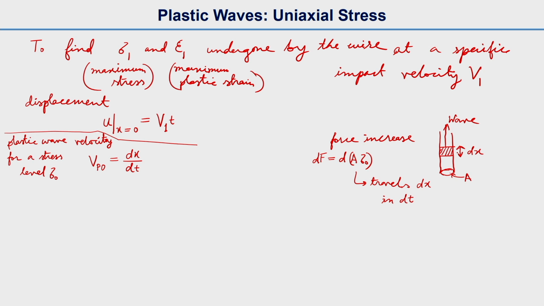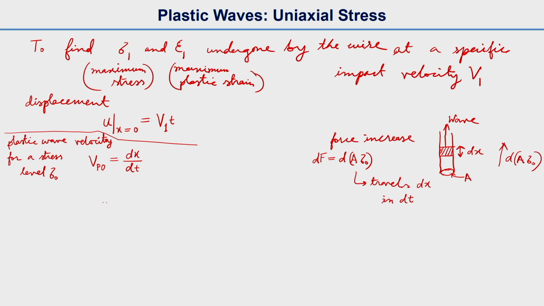So we can relate this force increase, which is traveling upward. So force increase A sigma naught is traveling upward, and we discussed that it crosses the distance dx in time dt.